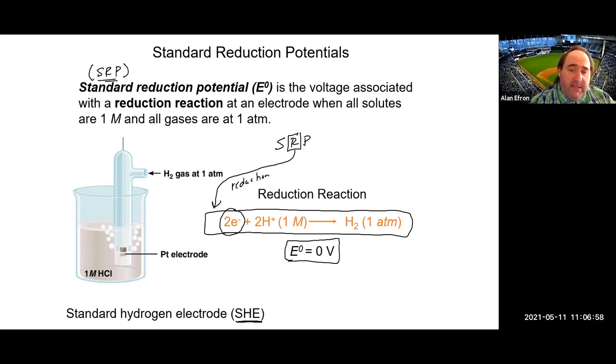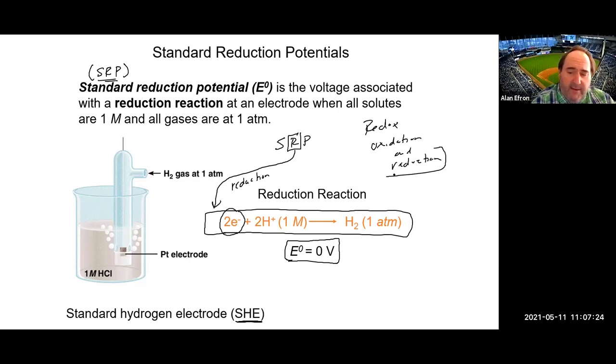So when we look at this table, they will have values for the reduction reaction. So if you think about the type of reactions that are actually happening here in our galvanic cell, they are redox reactions, which means they are oxidation and reduction reactions that are occurring.